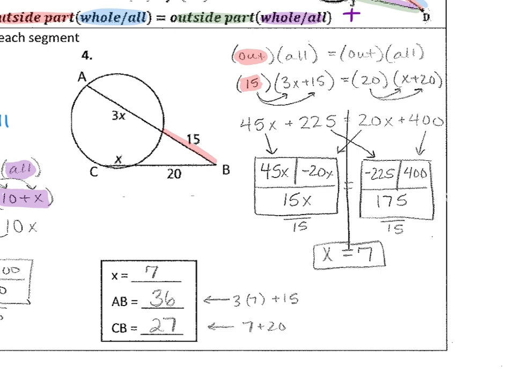For that same top secant line, what are the two numbers that make up the whole thing or all of it? 3x and 15. So we have to add those two numbers together. 3x and 15. They are not like terms, so we leave them with the plus sign showing, 3x plus 15. On the other secant line, what number is outside? 20.